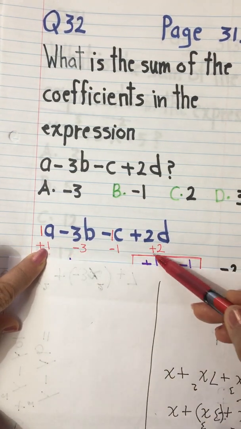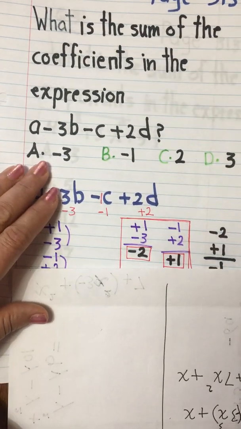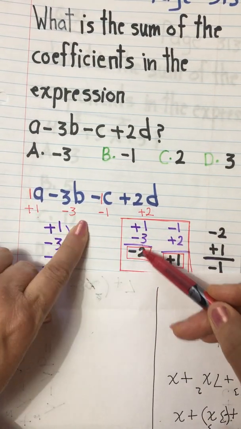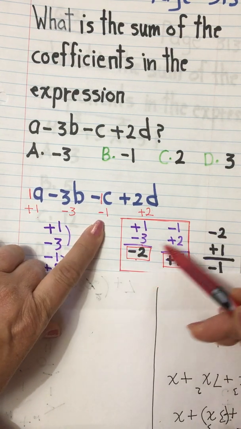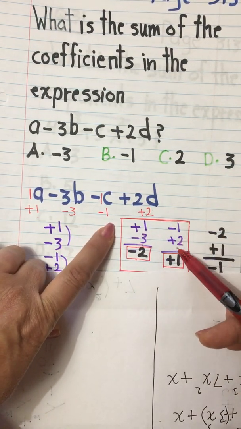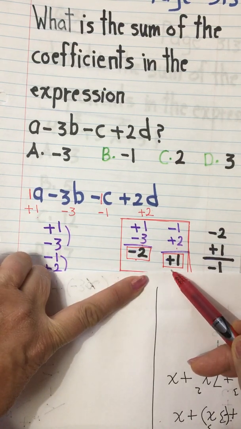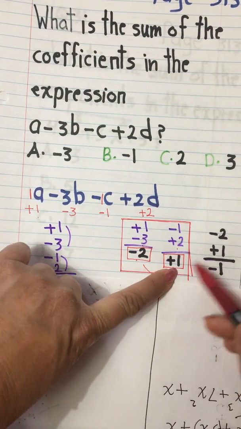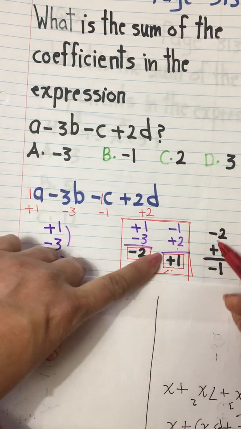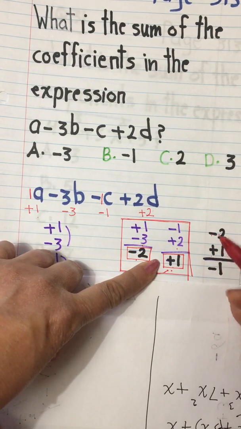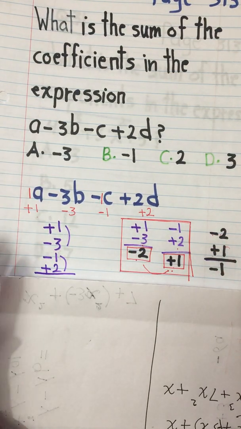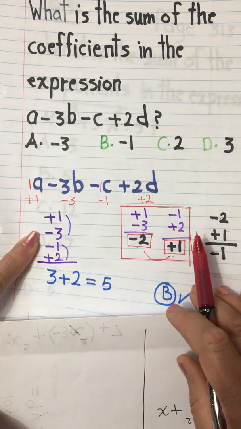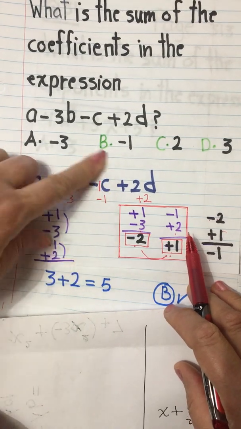Positive 1 plus negative 3 going to be negative 2. Negative 1 plus 2 going to be positive 1. Then negative 2 plus 1 going to be negative 1, because different signs, subtract and keep the sign of the larger number. So the answer is negative 1. B is the correct one.